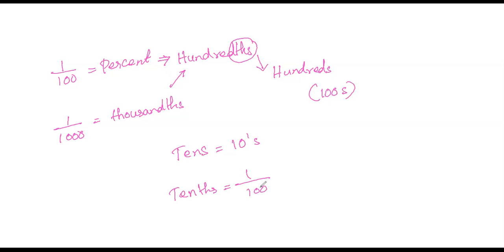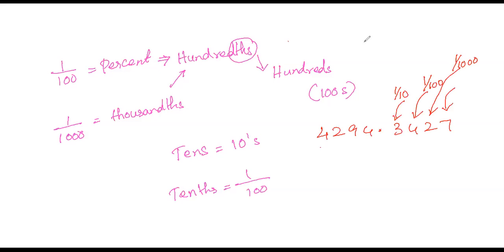And when we use this, so for example, in rounding numbers, let me write an example, 3427. In this, what is this? This is at tenths place, 1 by 10 place. This is at hundredths, 1 by 100 place. This is at 1 by 1000's place. So this is 1 by 10,000's place. But this one is ones place or units place, you can call it.